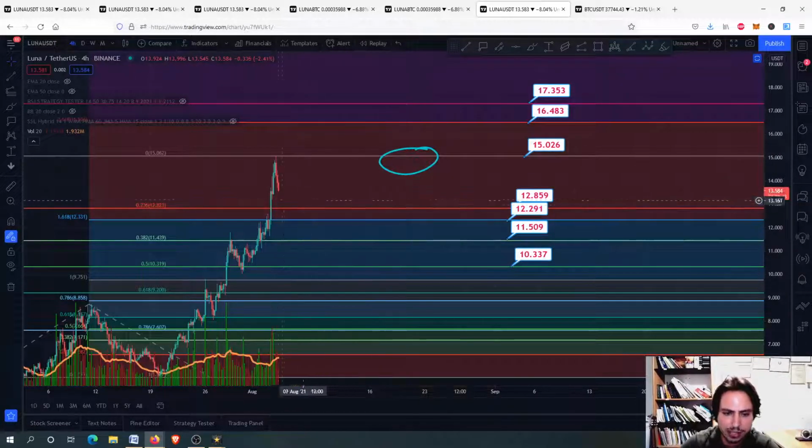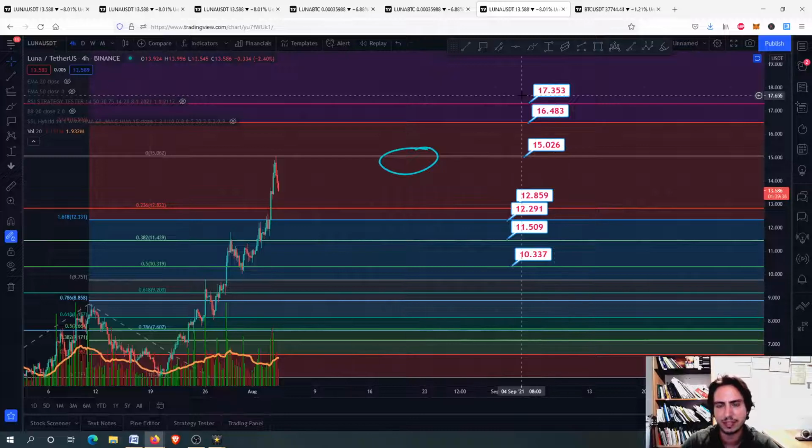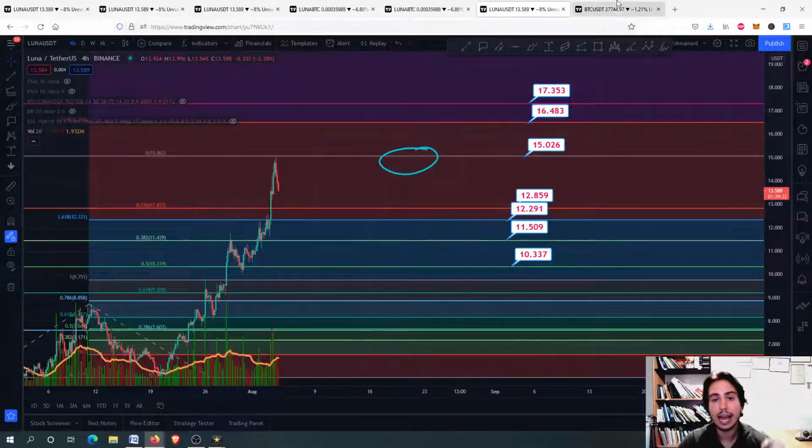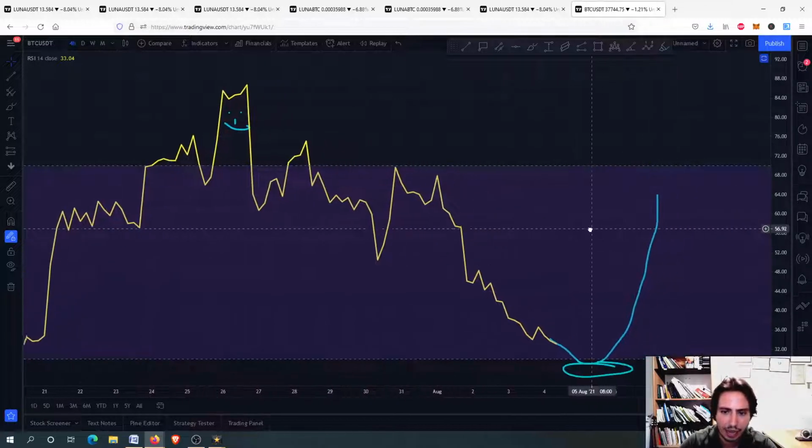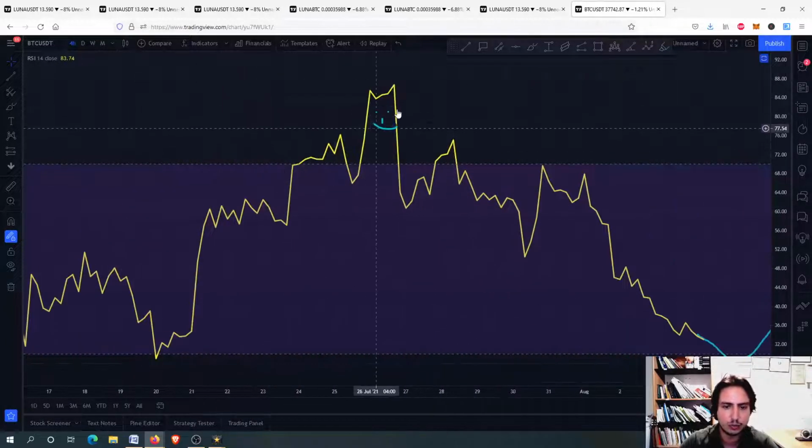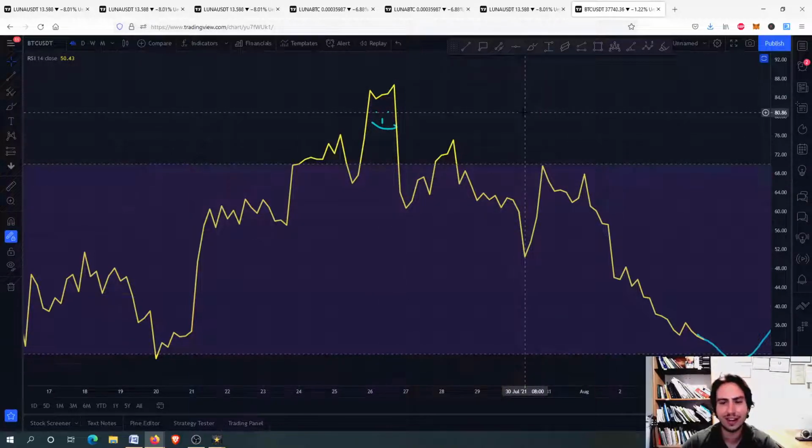Probably we are going a little bit further down before we go upwards again and go to the 16.5, maybe 17.3. I really hope and I really believe we can go even higher, and Bitcoin will help us. On the Bitcoin, you can see I've drawn in my previous video a cut right here on the RSI, very nice cut.